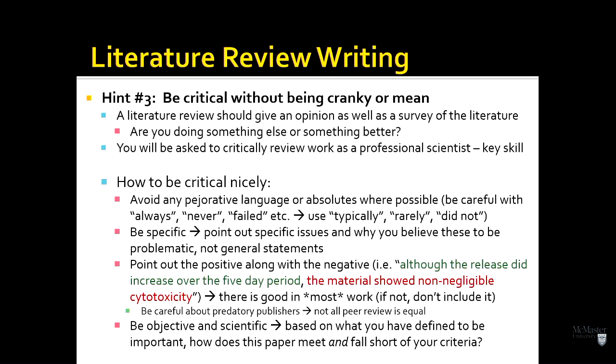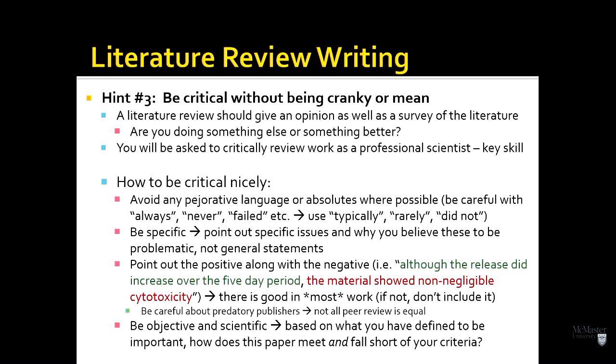And honestly, don't feel obliged in a literature review to cover every single person who's talked about the topic ever, right? There's a lot of bad papers out there. There's a lot of things that don't really add to the literature. There's papers that duplicate other people's work, right? These are out there. I'm sure you've seen them too. Don't feel obliged to include everything you read. Pick so that your narrative is structured in a logical way, right? You don't want to just cherry pick things that are convenient to you.